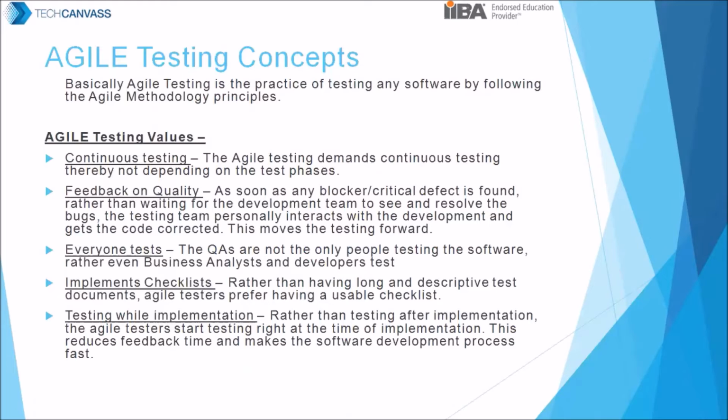So, what are the agile testing values? Let's go ahead and discuss them. So, the first one is continuous testing. The testing team continuously tests the features. They don't depend on testing phases.